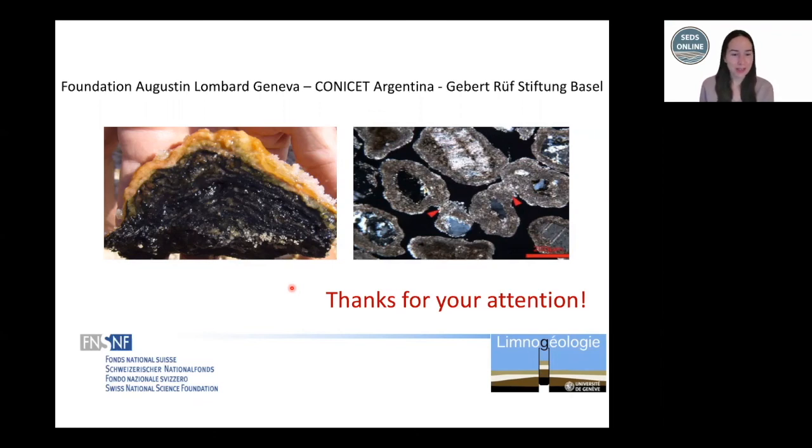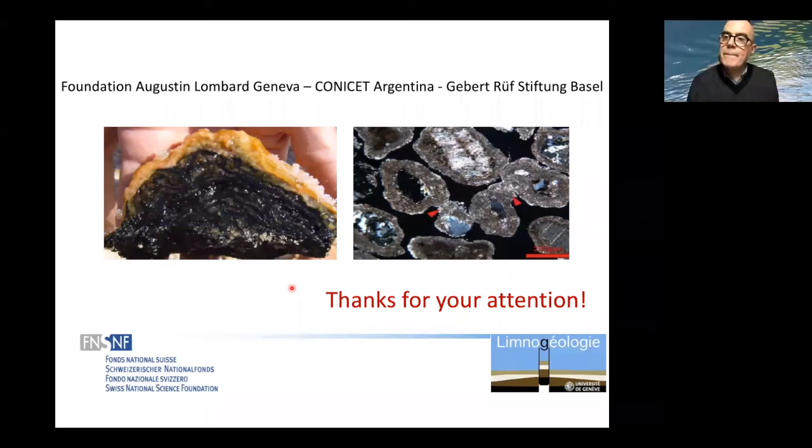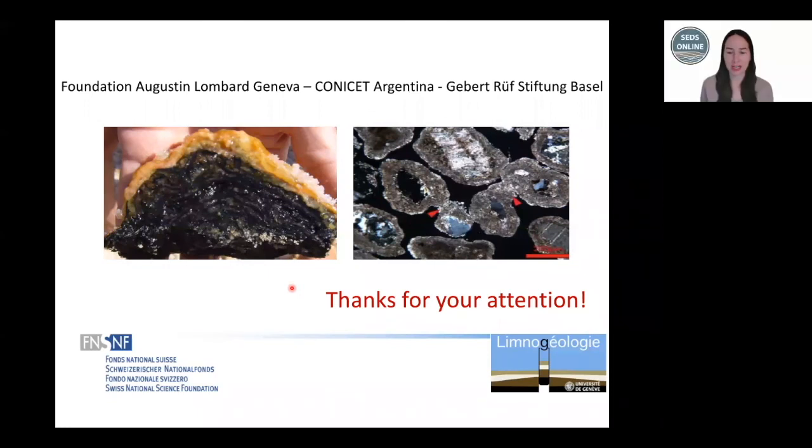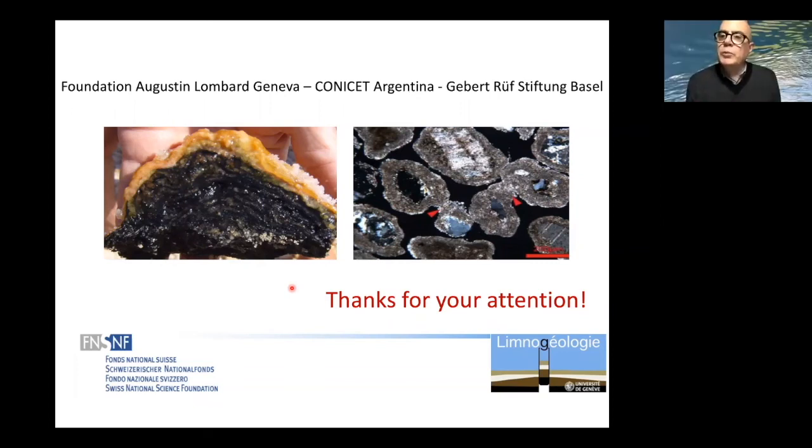You showed one TEM image of the ooids from Lake Geneva, and I'm just curious, it was a very complex crystal structure. Is that a preliminary stage, or is that the final crystal structure that you see? No, it was a preliminary stage, because this image was from the experiment.